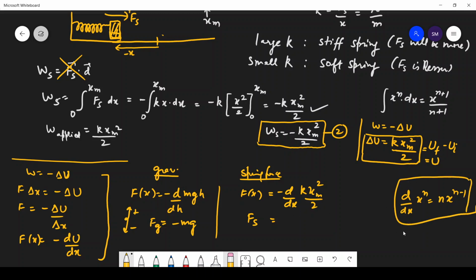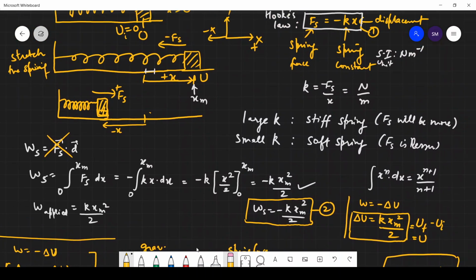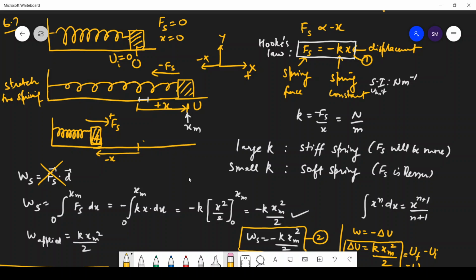So d by dx of x square will be 2x. Minus k is constant, so 2x divided by 2, the 2 will cancel out, and that is equal to minus kx. So this is what Hooke's law is. Fs is equal to minus kx.